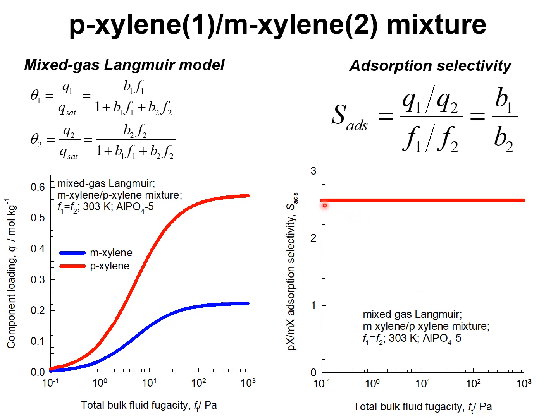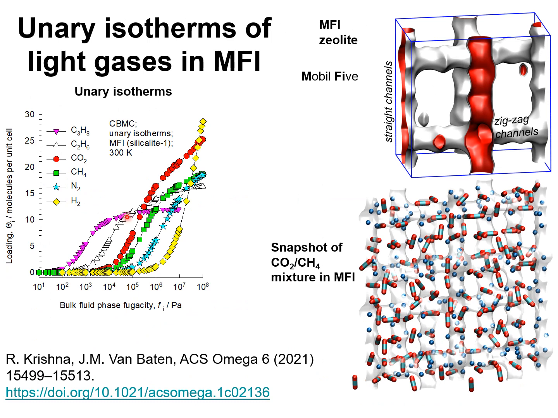So the adsorption selectivity is constant in this case because the saturation capacities are equal to one another, and the adsorption selectivity is simply the ratio of the binding constants. An important assumption made in the derivation of the binary Langmuir model is that the saturation capacities of components 1 and 2 are equal to each other.